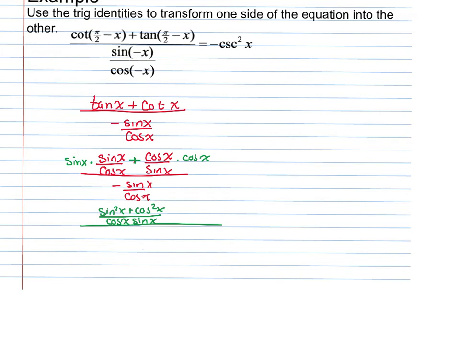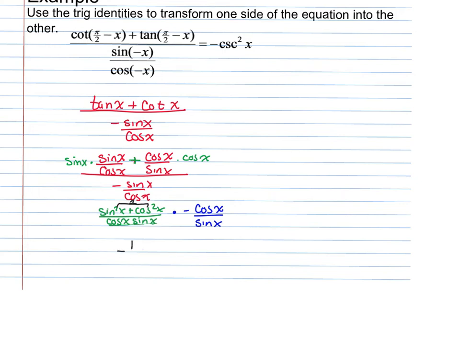And you know what? Let me already take the reciprocal of the bottom just so we have a few less steps here. So we're going to have negative cosine of x over sine of x. And now we're going to use our identities to either reduce things or change them. Well, we know that this is a Pythagorean identity and it equals 1.